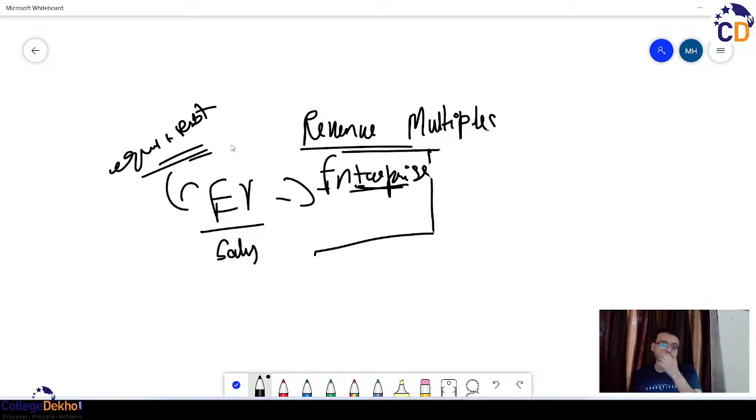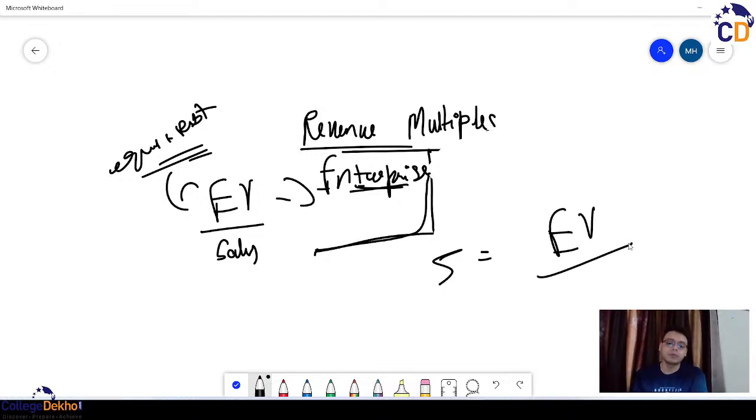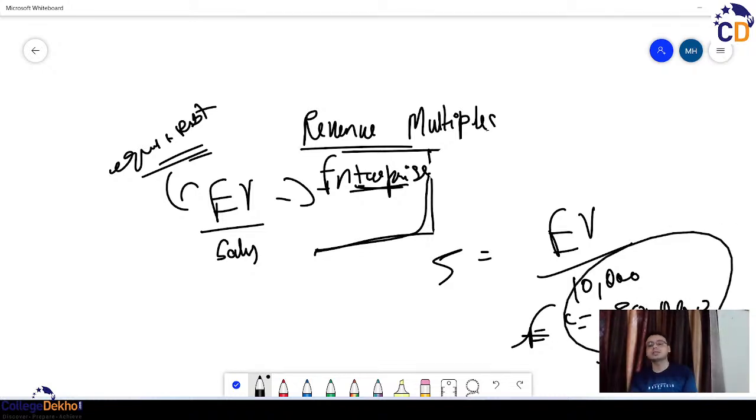Again, you might have an EV multiple of the industry or a particular company that you are comparing your company with, or an average EV to sales. Just assume it's 5. You have to calculate the enterprise value for the target company because you are acquiring that company. Sales of that company is 10,000 rupees. Just an example. So the EV of that company will come out to be 50,000 rupees. The value of that company is 50,000 rupees. At 50,000 rupees, you can purchase that company. That is your EV to sales metric.